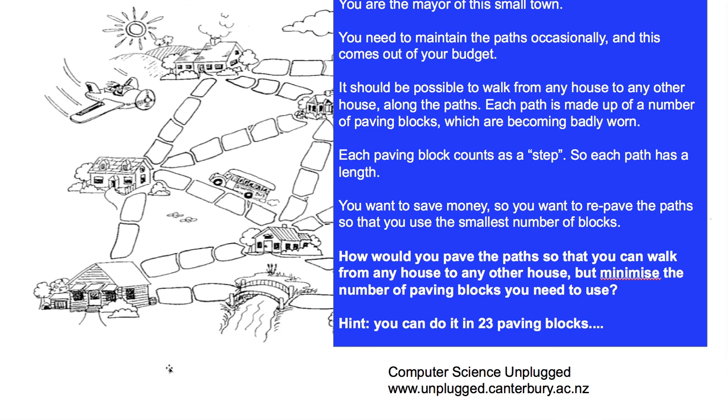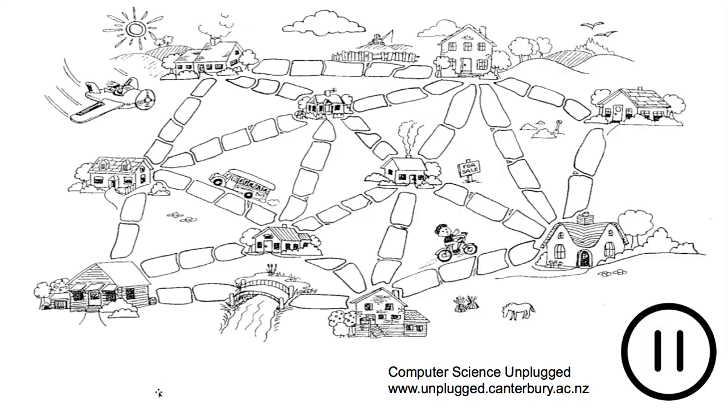The smallest number of paving blocks you would need is 23. But the question is, how are they arranged? Because there are obviously a lot more than 23 blocks in the existing network, so some of the paths won't make it into the final network. So have a go on this blank worksheet, pause the movie and come back when you think you have an answer.